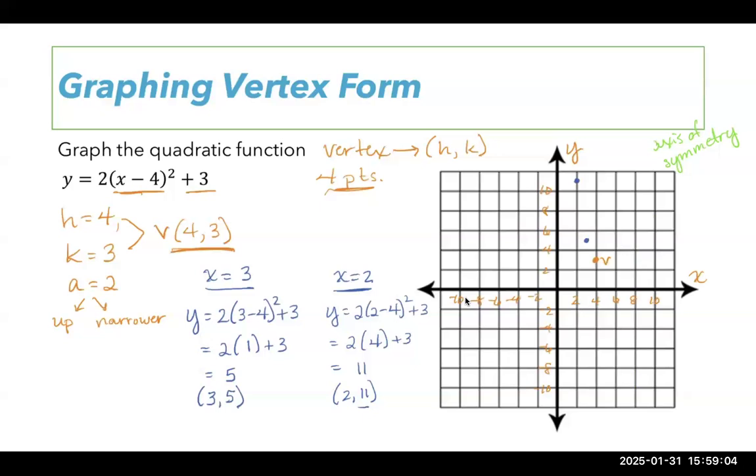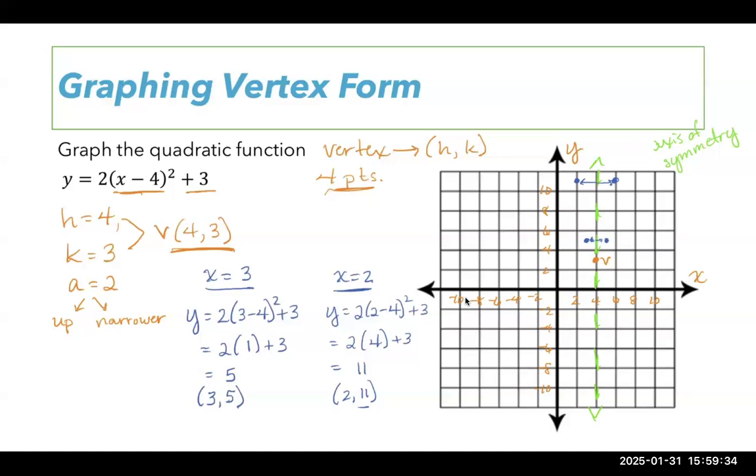Now again, remember we have this axis of symmetry that runs right through the vertex. So every point I just plotted on the left side, I can now reflect to the right side. So 1 unit away this way means I can go 1 unit away this way and I have a point here. Half a unit this way means I go half a unit this way and I have a point here.